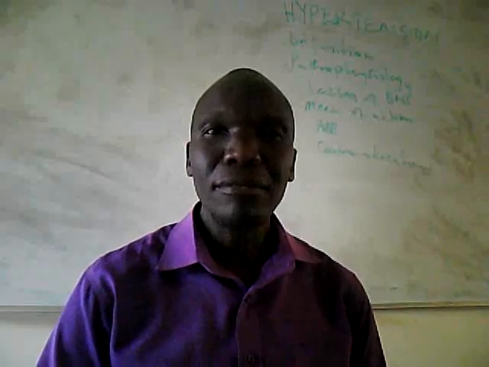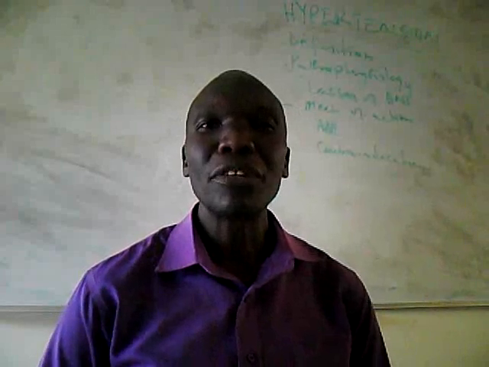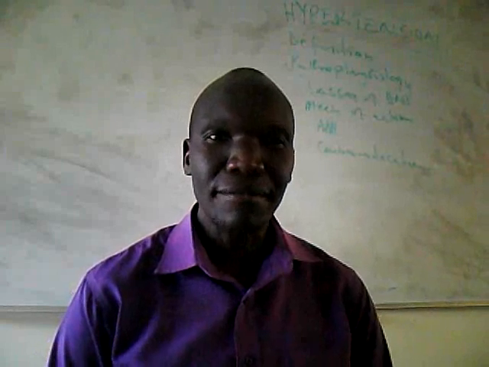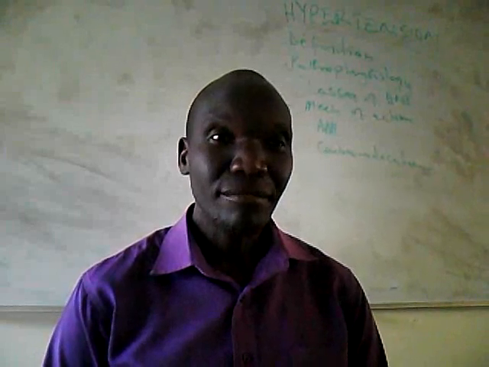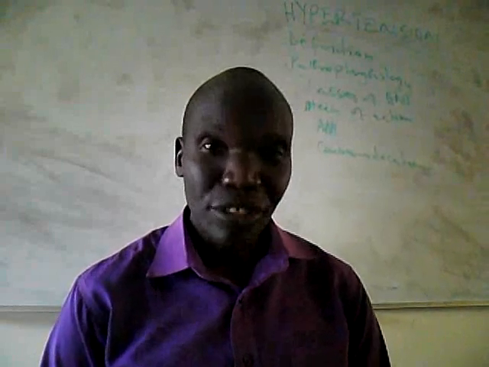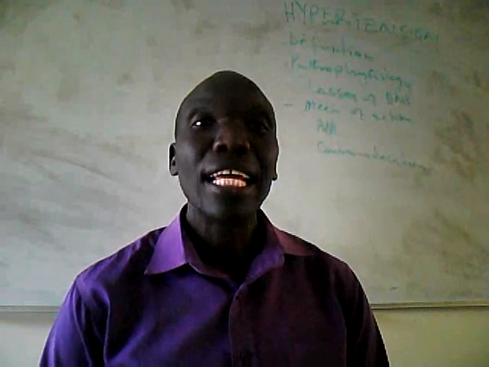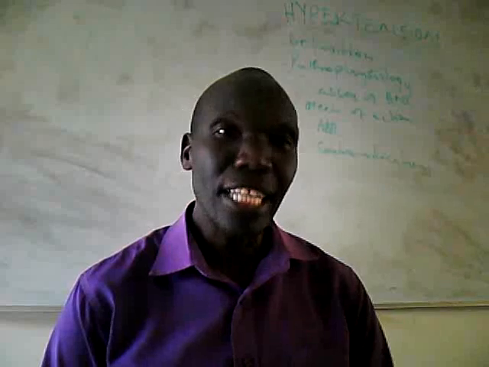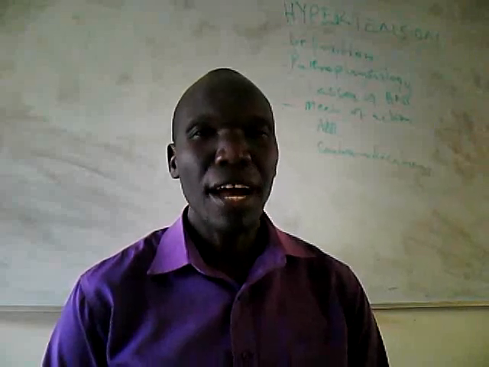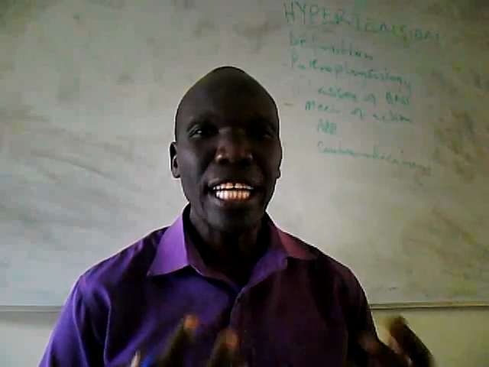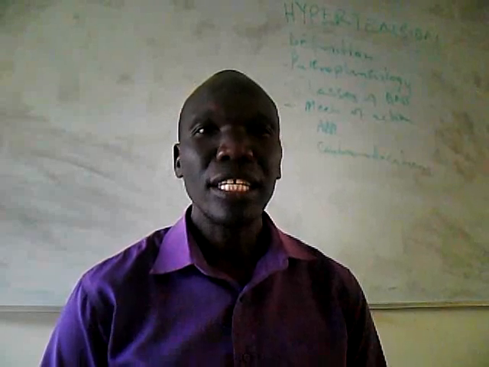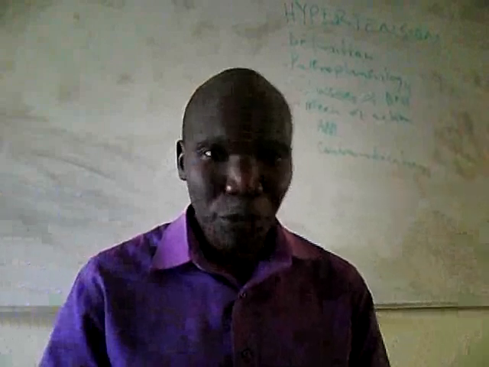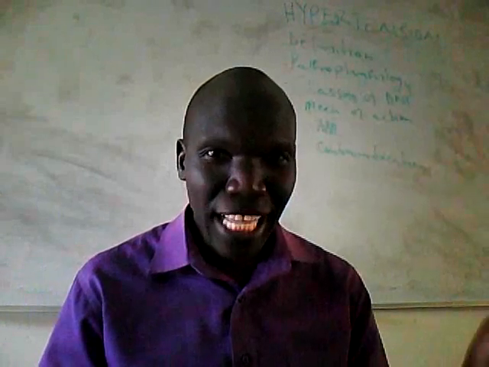So how hypertension occurs is what we can now discuss. Generally, hypertension comes or sets in as a result of increased cardiac output. This increased cardiac output occurs as a result of increased blood volume, which you must take note of.